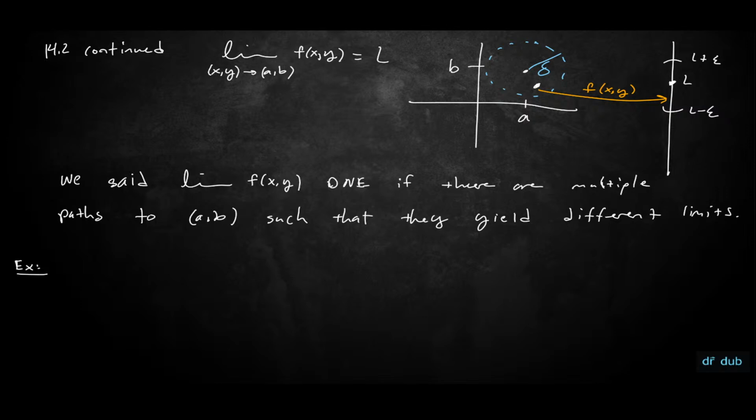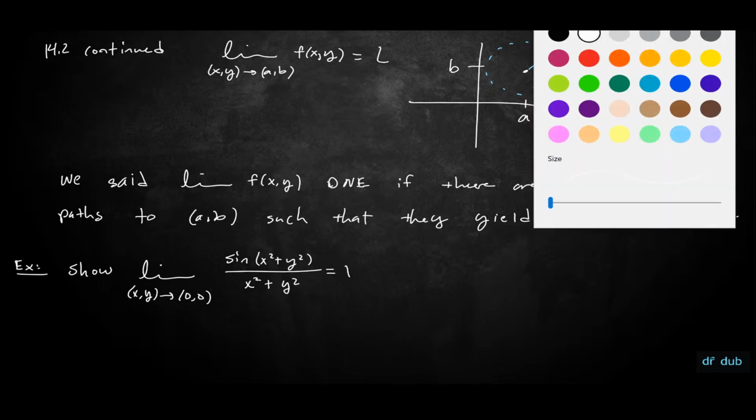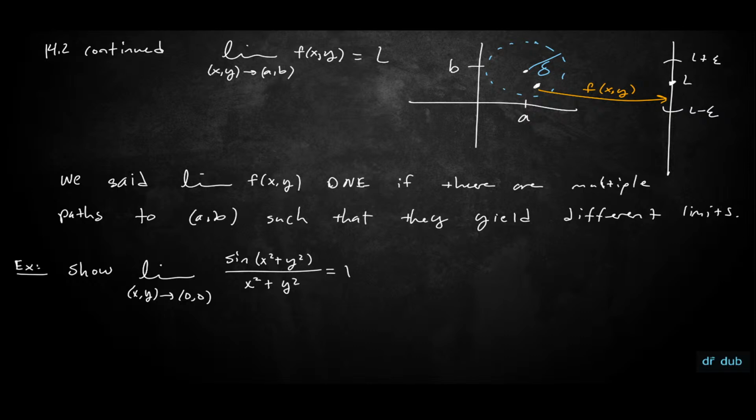Show that the limit as (x,y) goes to (0,0) of sine of (x squared plus y squared) over (x squared plus y squared) equals 1. So we're going to show that this limit is 1.